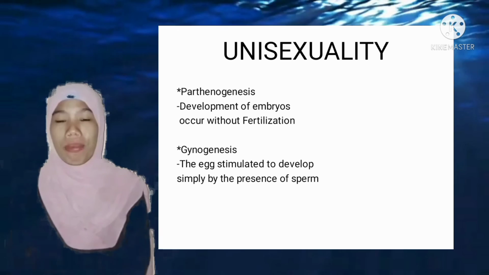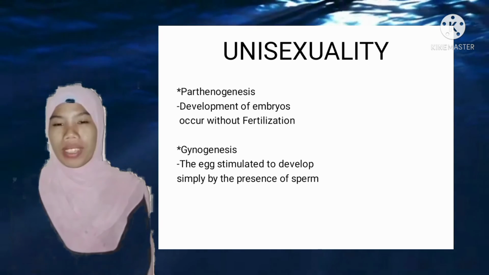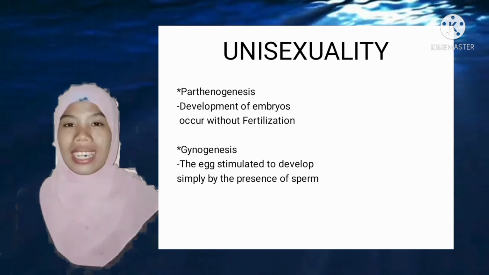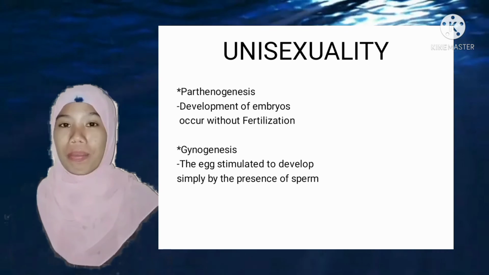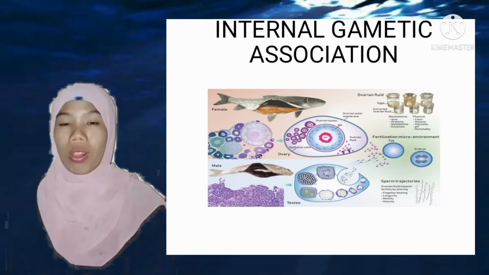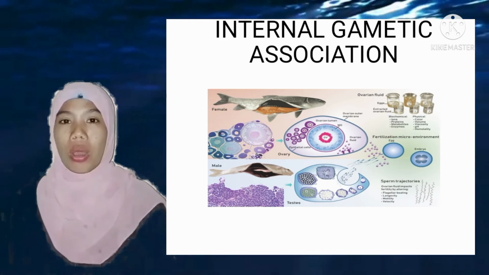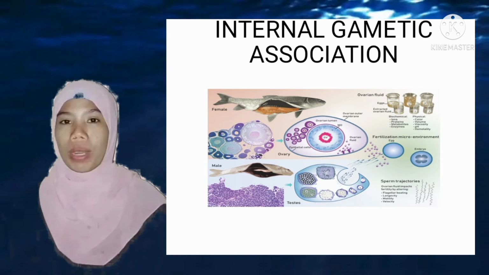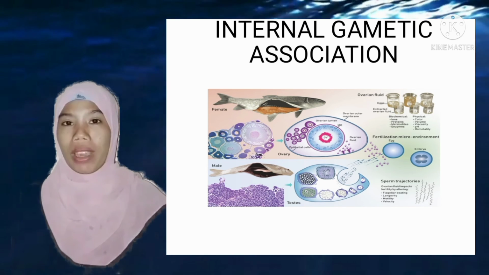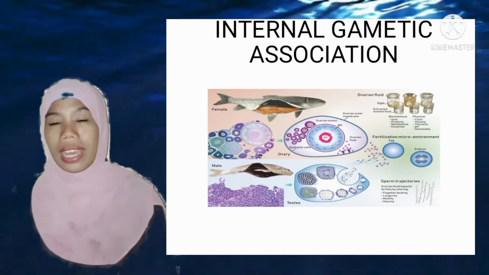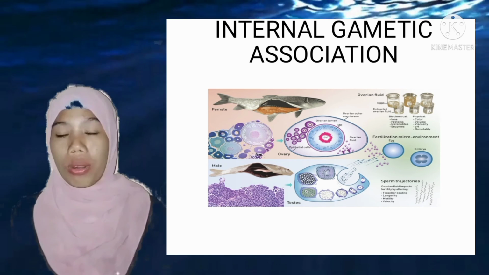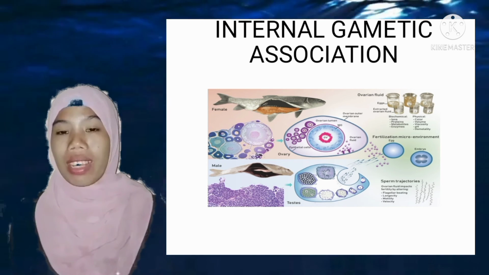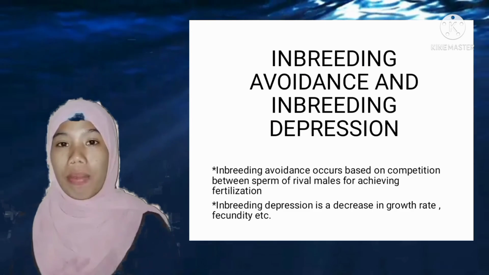It is a system of asexual reproduction that requires the presence of sperm. The unique reproductive mode is called internal gametic association, in which animals introduce the sperm into the ovary by copulation. Actual sperm expulsion does not occur until the eggs have been placed into the seawater.